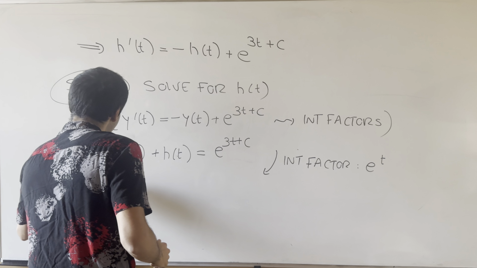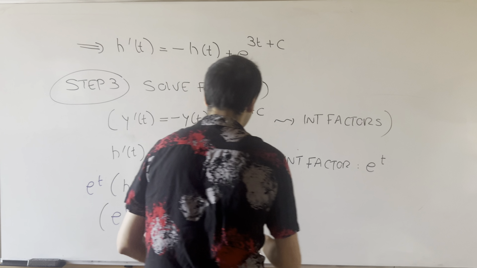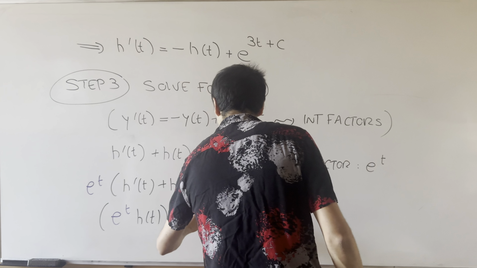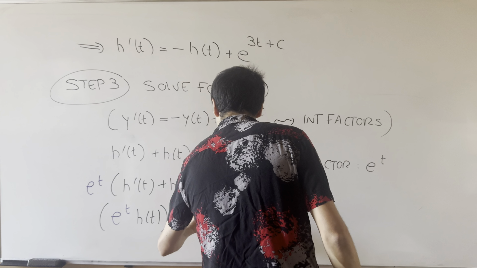And once again, by the magic of integrating factors, this becomes a derivative, because that's the derivative of e^t times h(t). And you can simplify this if you wish. This becomes e^c times e^(4t).